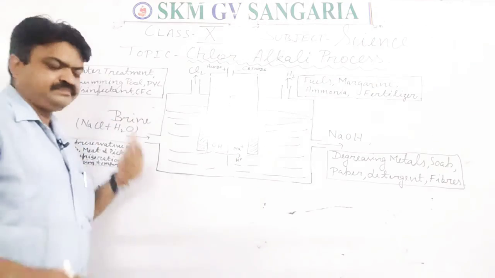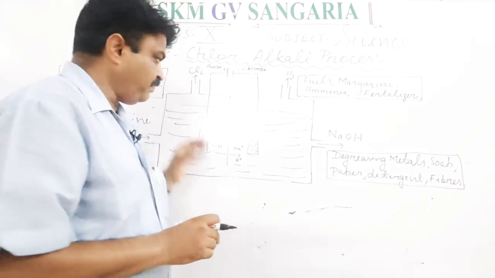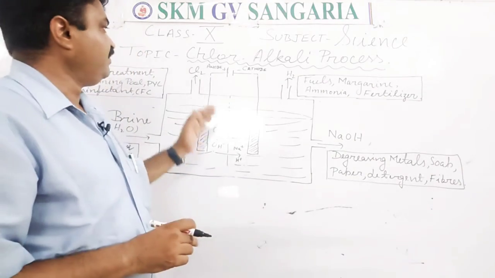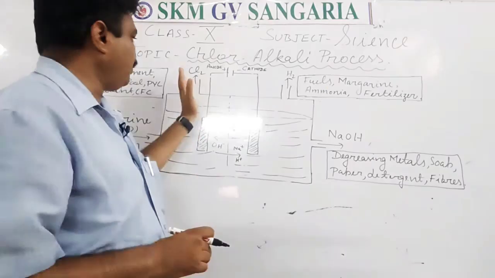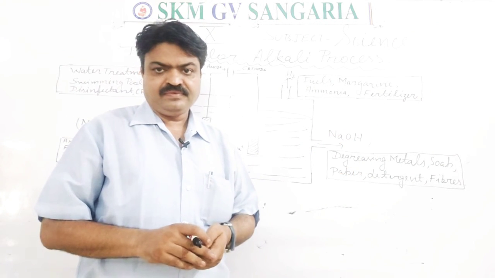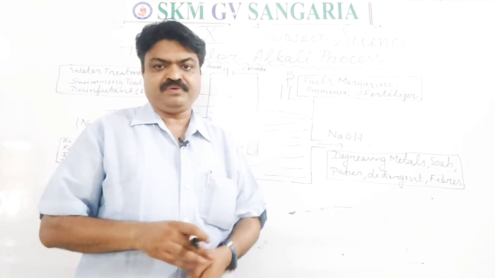So when current is passed through the brine, student, then we get hydrogen, chlorine and sodium hydroxide. And this process is known as the chlor-alkali process.